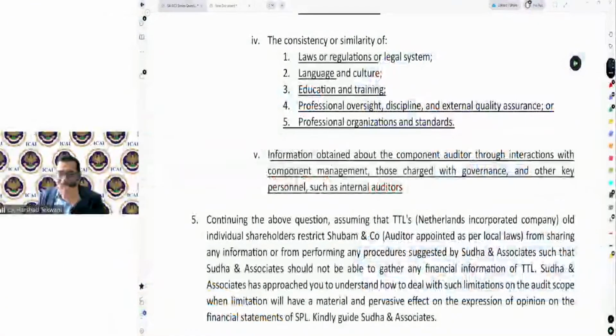Welcome back. Let's continue with the next question. On similar lines to what we discussed before the break, with respect to reporting when you are not able to get sufficient and appropriate audit evidence.